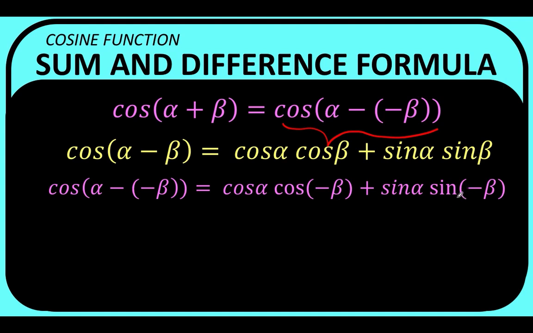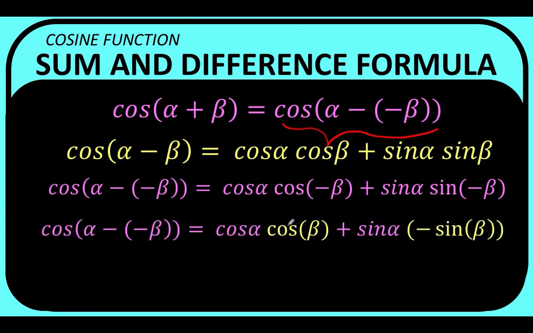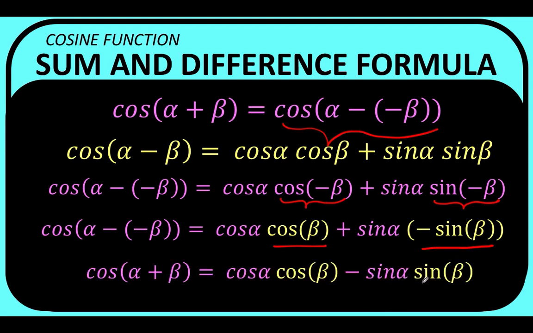And since sine is an odd function, the sine of negative beta is equal to negative sine beta. So simplifying cosine of negative beta, we arrive at cosine beta. Simplifying sine of negative beta, we arrive at negative sine beta. Then multiplying sine alpha times negative sine beta, we arrive at negative sine alpha sine beta. We just copy cosine alpha cosine beta.